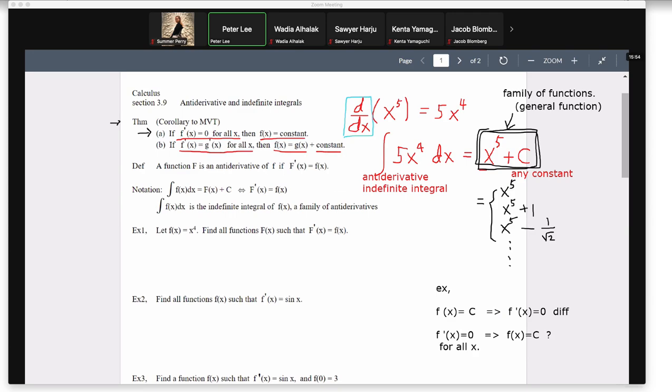Their difference cannot be something weird. If two functions have the same derivative, then the two functions can only differ by a constant.